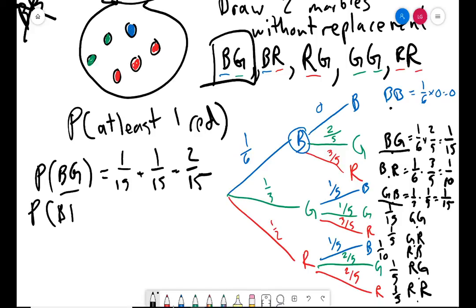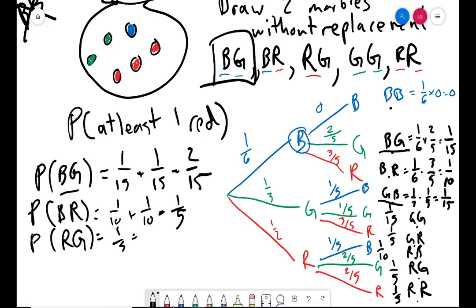So we'll just run through all these. A blue and a red would be 1/10 plus 1/10, and 1/5 likelihood. Probability red-green? Well, that would be RG plus GR, so 1/5 for each.